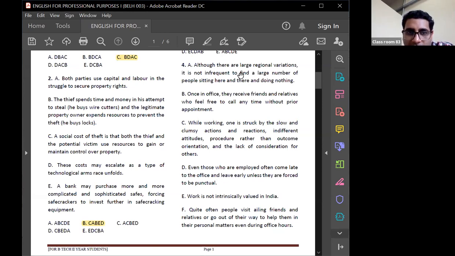So if E, A, D sounds okay, then what should be the sentence which should follow D?